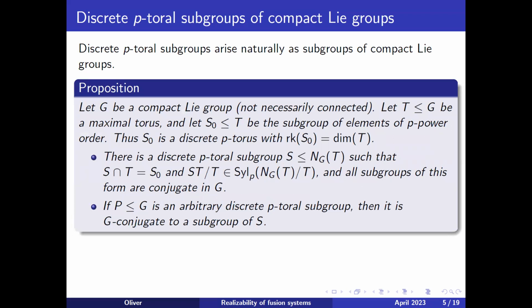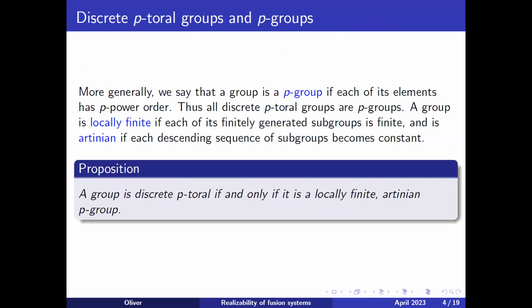And in fact, when I was first looking at these groups with Ron and Carlos, this class of groups actually goes back to Dwyer and Wilkerson, who were, as far as I know, the first to look at discrete p-toral groups.